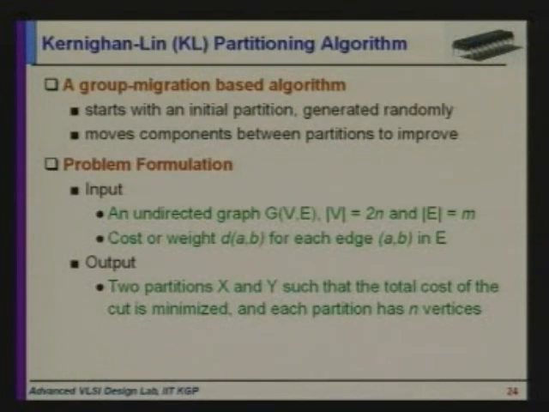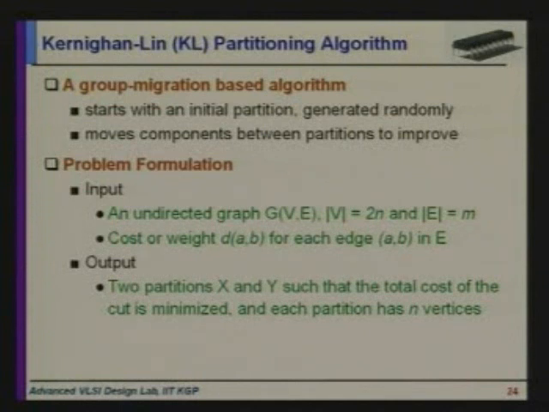Okay. So, there are different types of algorithms in partitioning. Some are probabilistic, some are deterministic, some are iterative in the sense that I start with a given partition and iteratively improve upon that, like simulated annealing, where I go on improving until I get the best solution, also bypassing the local minima, right.